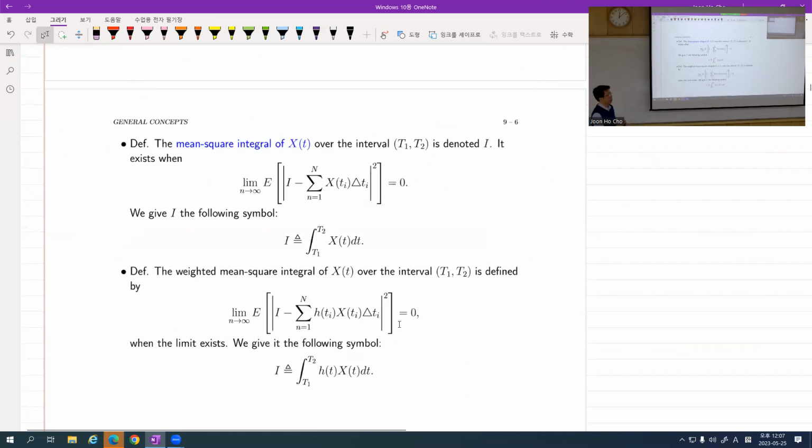Now, integration. Again, let's consider a simpler one. What is the integral of a deterministic signal x of t on the interval t1, t2? What is the definition? Here goes the difficulty of this course, because most of you only know the Riemann integration, or some of you do not even know the name of Riemann integration.